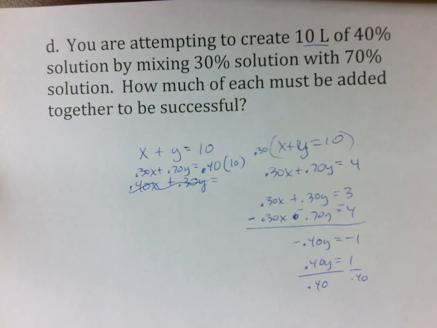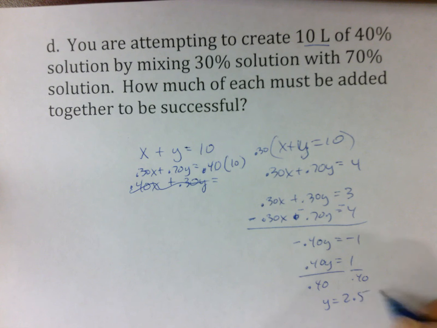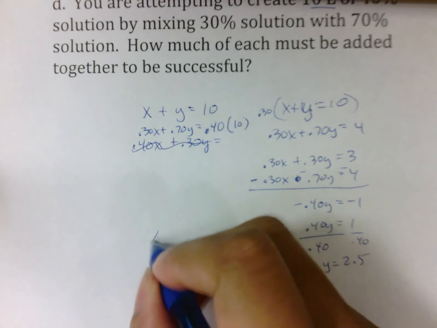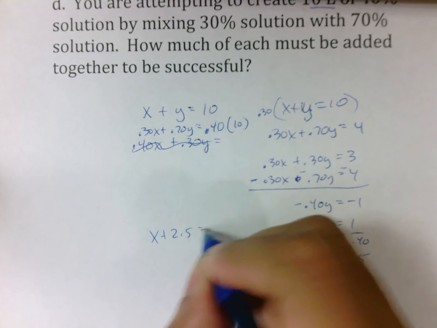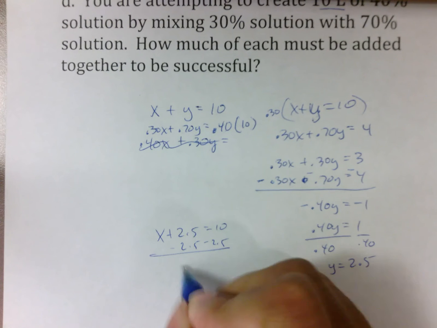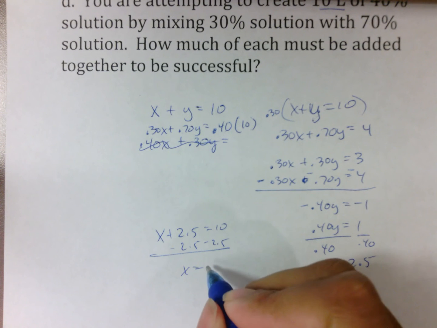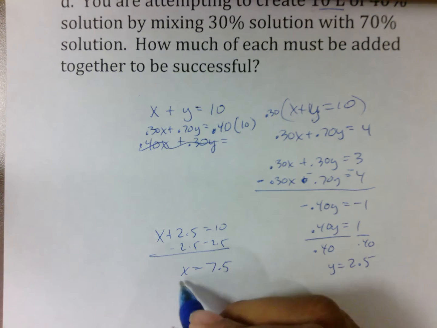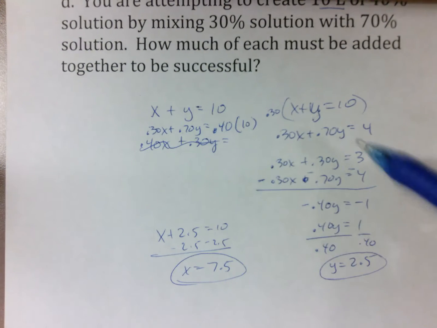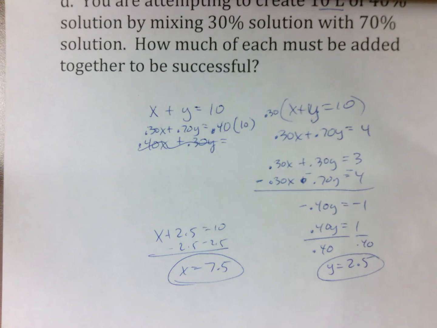Let me use my calculator here again, which is 2.5. And then of course, to get your other answer, take that 2.5, plug it in here, subtract your 2.5, ending up with 7.5 for 30% solution, because remember that's attached to x, and 2.5 of 70% solution.